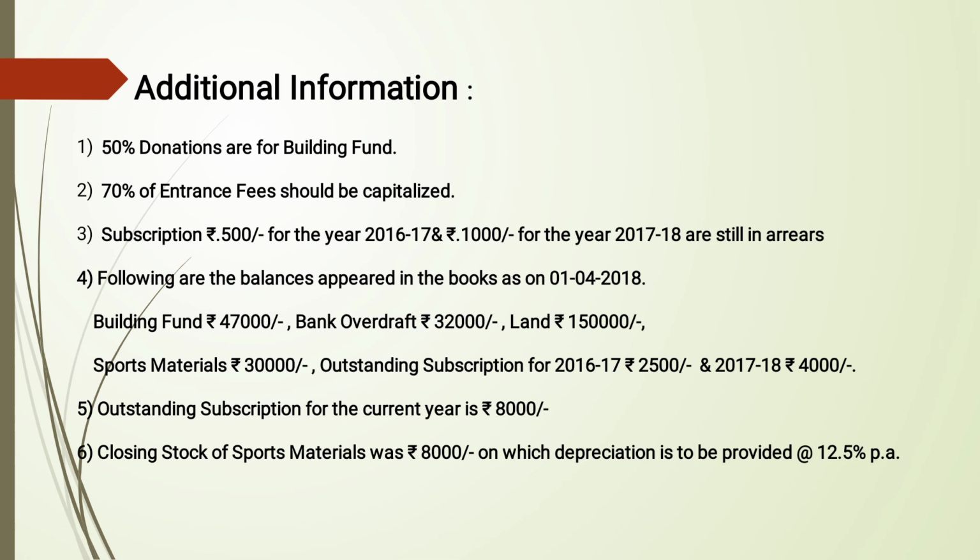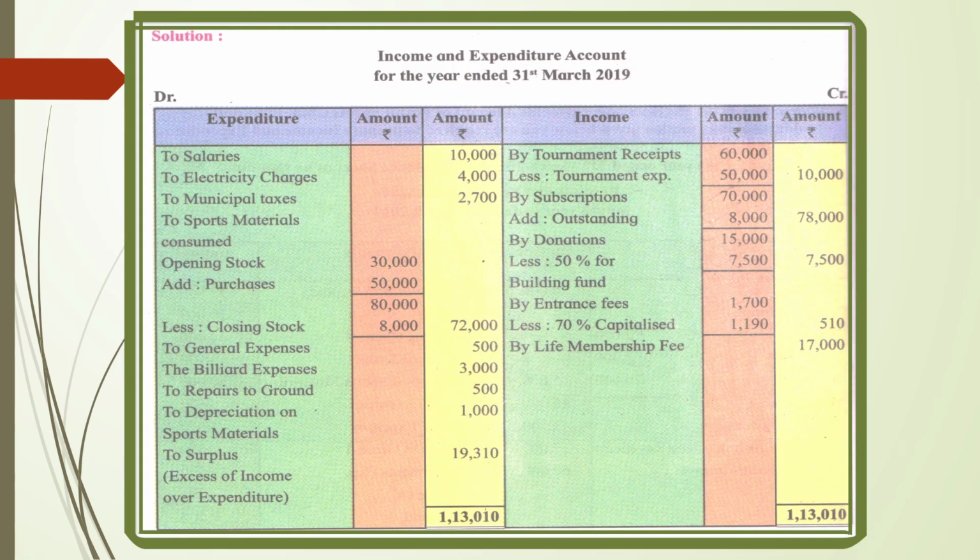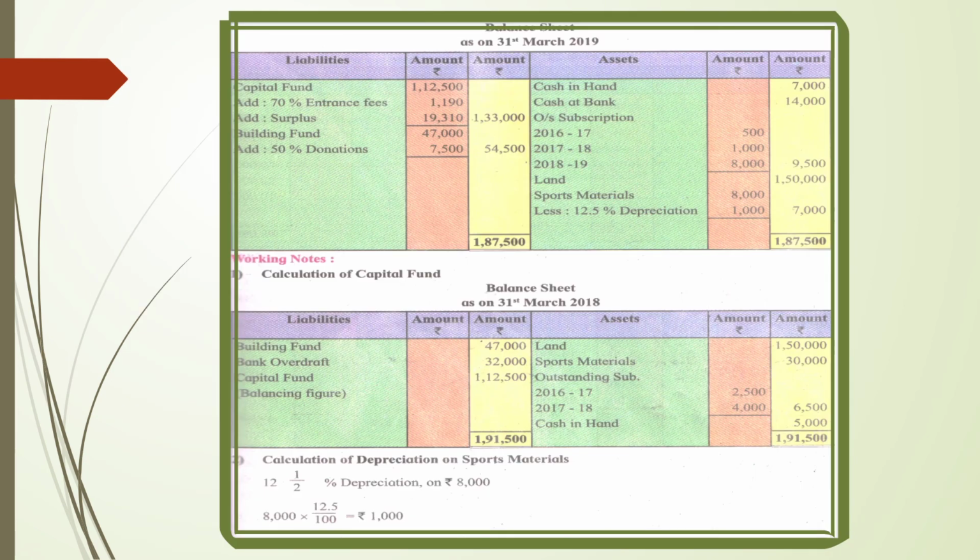So friends, first we have to calculate the capital fund. What is the amount of capital fund? First you make the total of the asset side of the opening balance sheet, that is 1,91,500. Deduct the liability items, that is building fund 47,000 and bank overdraft 32,000, then the balancing figure is 1,12,500, which is your capital fund for this example.